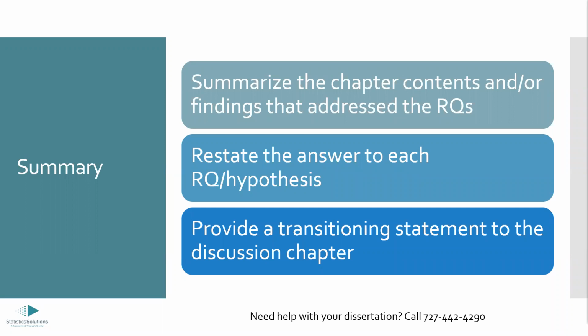And in your summary, you'll want to restate the answer to each research question hypothesis. So if you have, again, hypotheses in null and alternative format, restate whether each null hypothesis was rejected or not rejected. And then you can provide a transitioning statement to your discussion chapter.